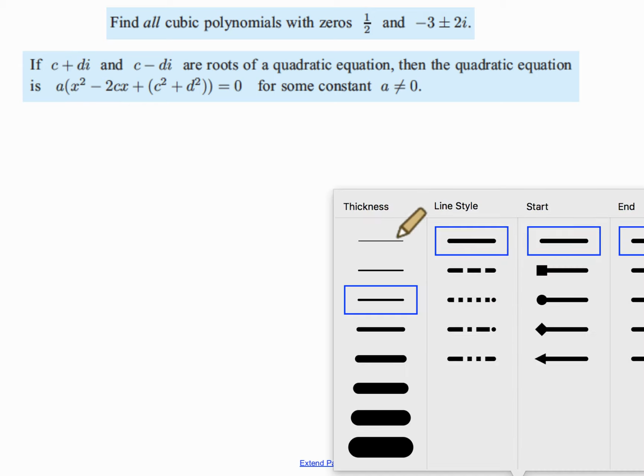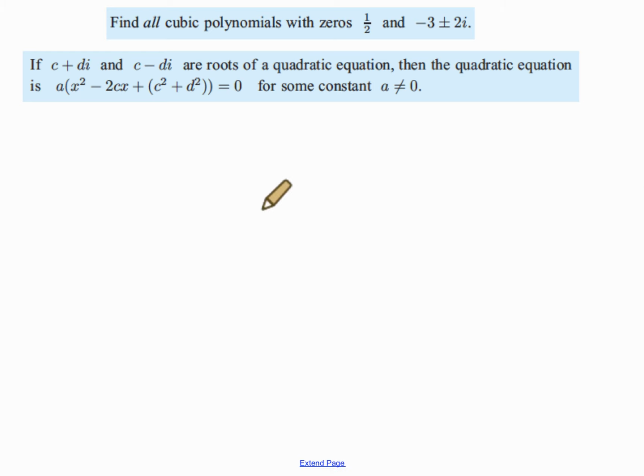It's a nice little quick way to do this. Of course, we could always say that the polynomial could be a times x minus 1/2 times x plus 3 minus 2i, times x plus 3 plus 2i. And we could multiply these out and simplify.